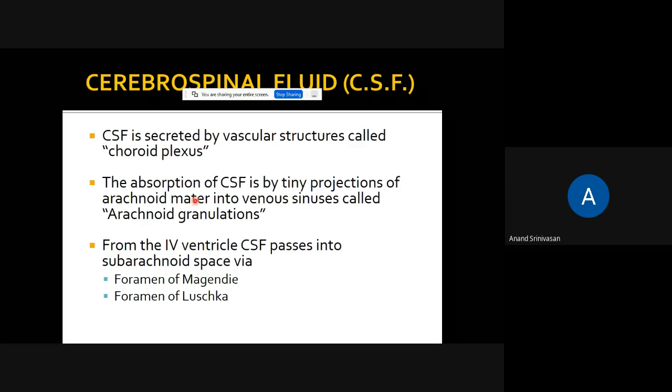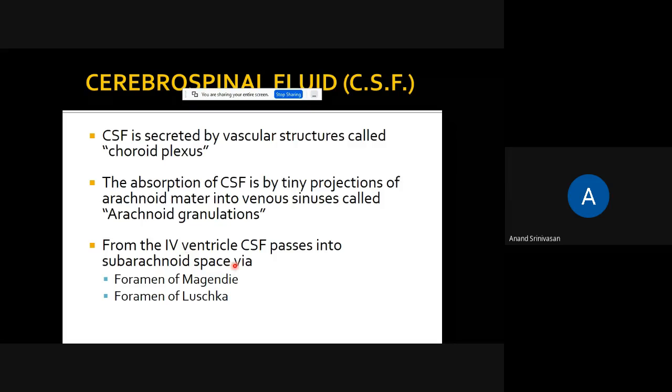The arachnoid mater protrudes into the venous sinuses, usually the superior sagittal sinus. This is called arachnoid granulations.